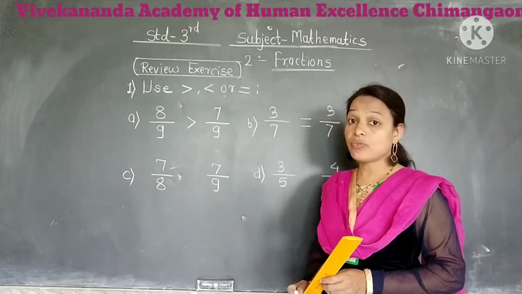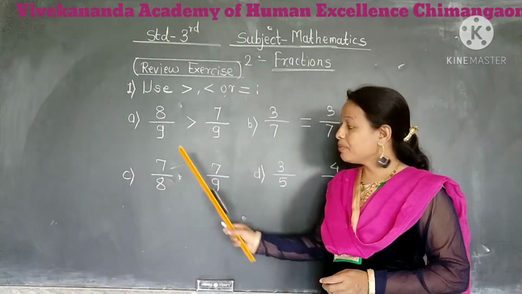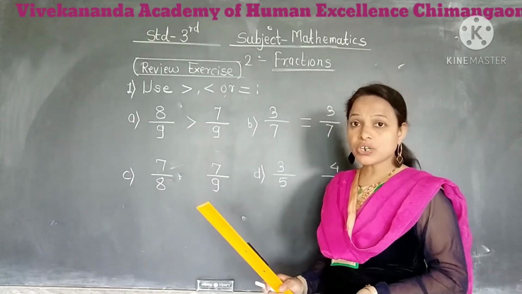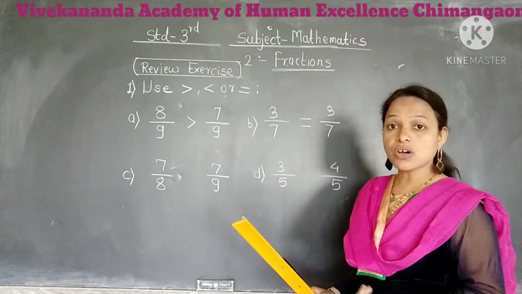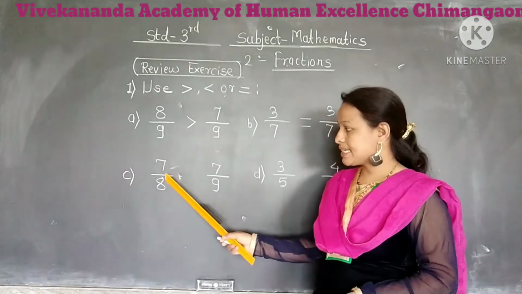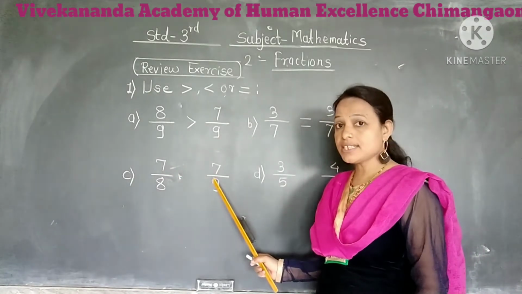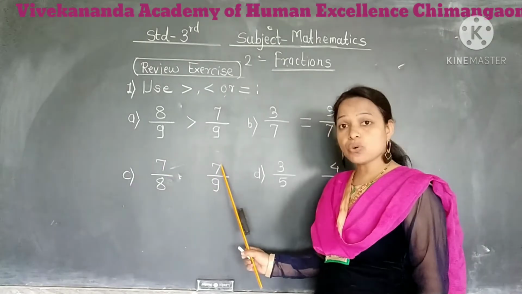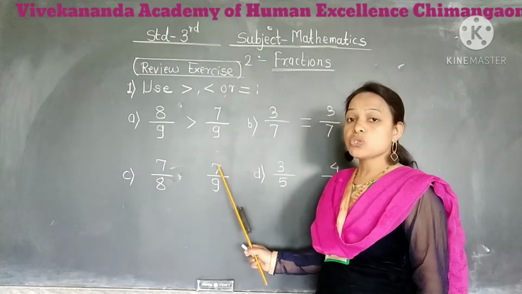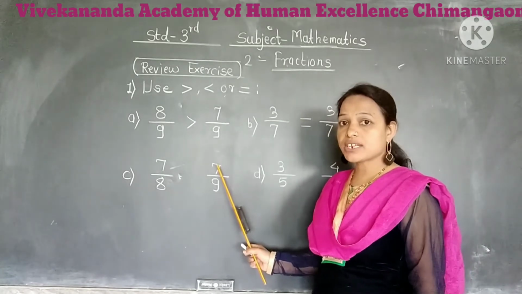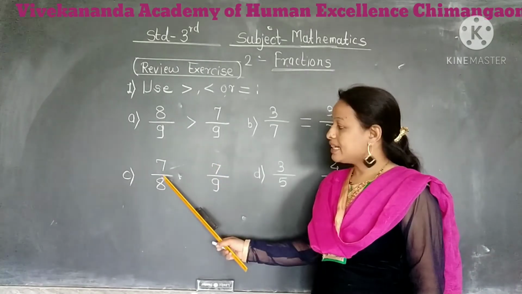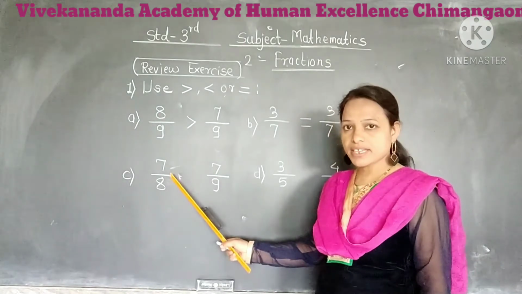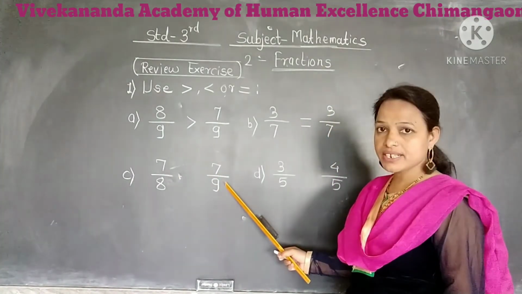Listen, students, when the numerators are the same in the case of unlike fractions, 7 upon 8 and 7 upon 9, these are unlike fractions, but the numerators of both are the same. So in that case, we have to check the denominators. 7 upon 8, its denominator is 8, and 7 upon 9, its denominator is 9.